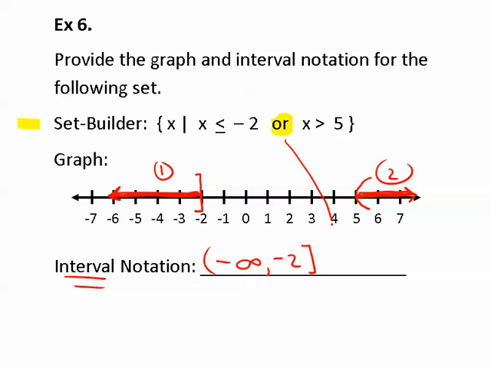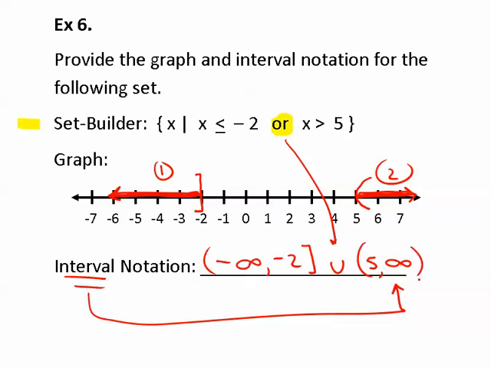And notice the word or, we use the or symbol, which is the union symbol, I should say, and now we need to describe the interval for the second graphed area up here. So how do we say that? We start at 5, and it goes to the right forever. Looks like this. We follow the symbol. It cannot be 5, and it cannot be infinity, so we use parentheses. So just a different way to present the same kind of question, I guess. Similar questions, asked just slightly different. So anyway, I hope this helps you understand the set operations on sets.